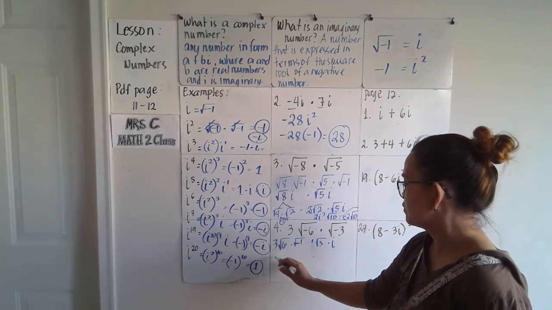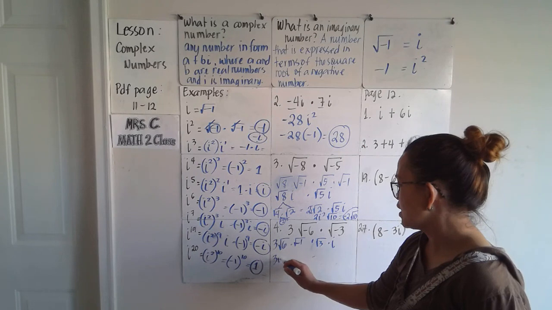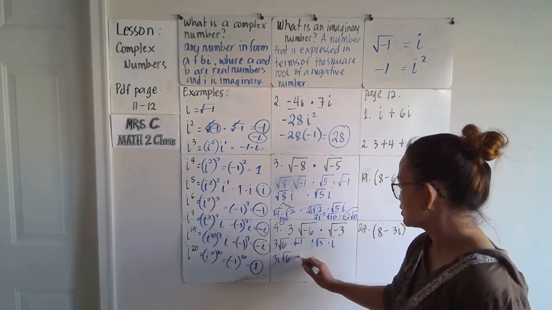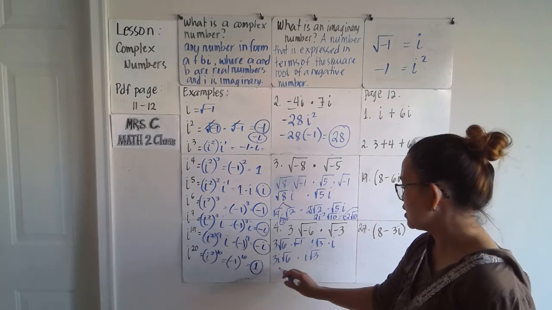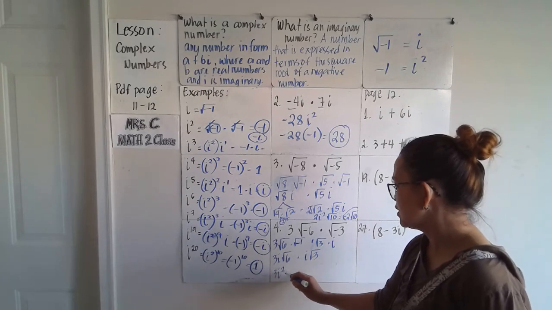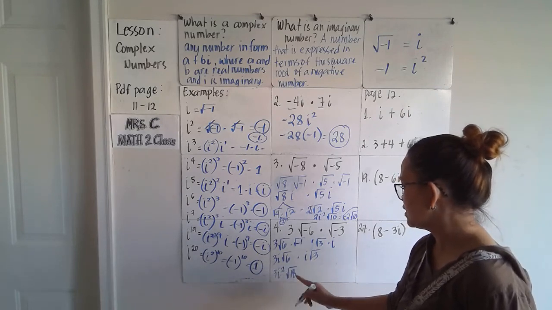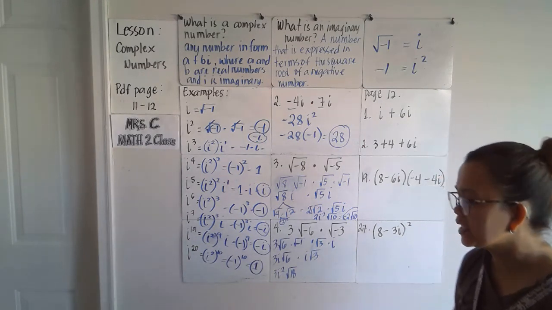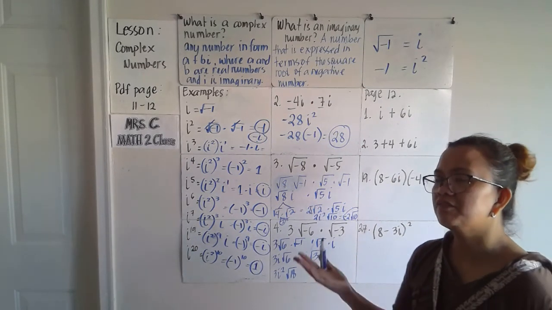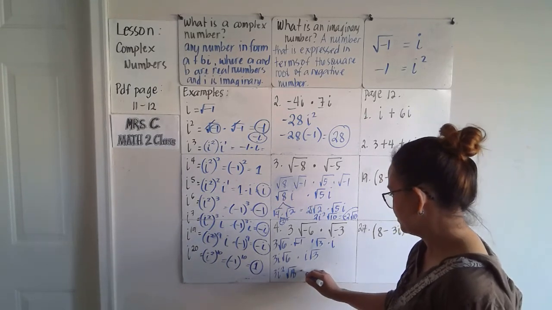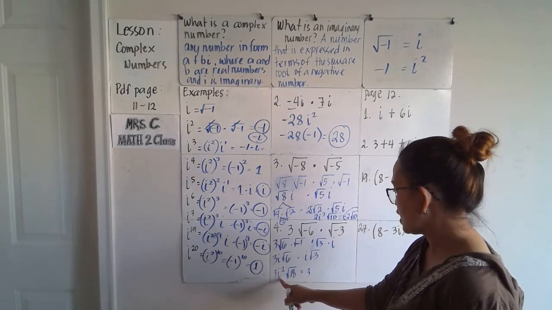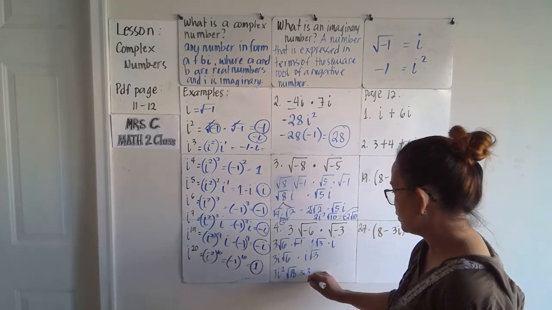So you can have i square root of 6, while i square root of 3. i times i would be i squared, square root of 18. 18 is a number that can be factored by a perfect square number. So we can have i squared, which is negative 1.